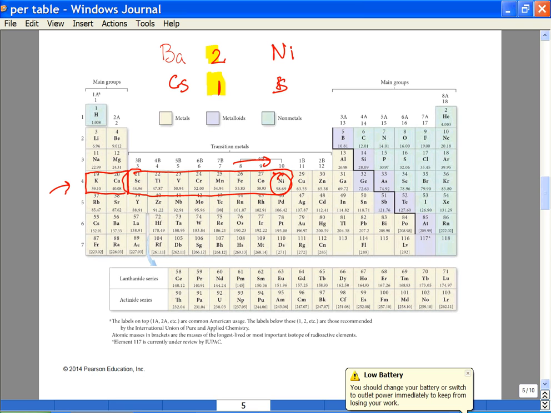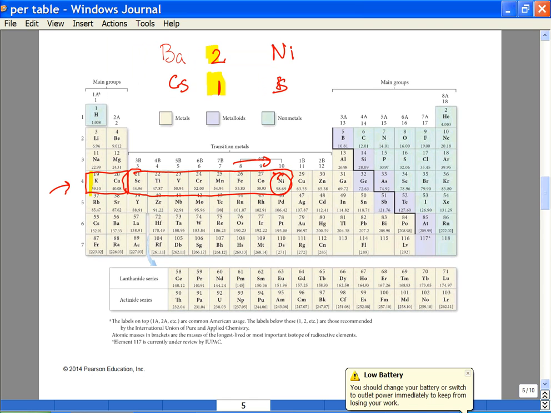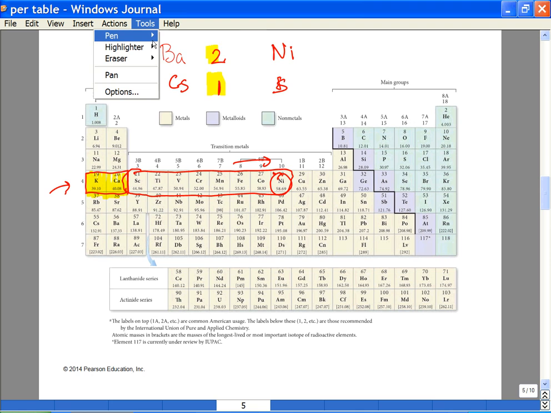So remember, we don't go in terms of order of filling when we are determining the number of valence shell electrons. We look at the electrons that are actually in the highest energy level. So the number of electrons occupied by the highest energy level here is 2. There are 2 valence electrons in nickel.